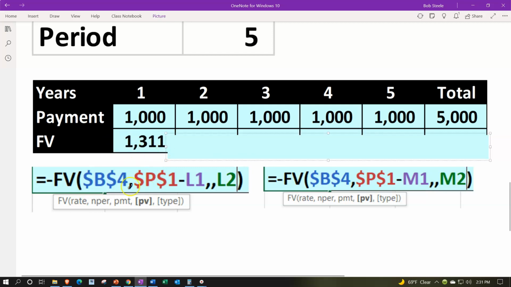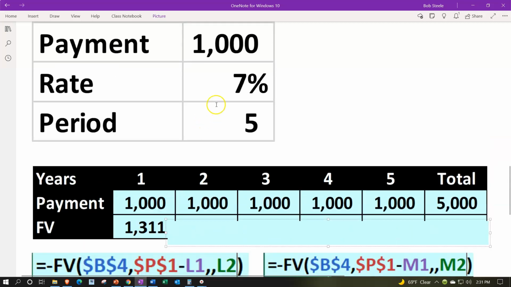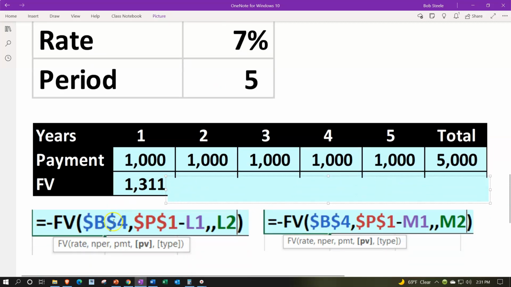The first one, future value of the rate, 7%. We've got it absolute reference, $ before the B and the 4, so that when I copy it to the right this time, that cell up top, cell 7%, the one with 7% in it, will not move to the right. It's going to stay the same.